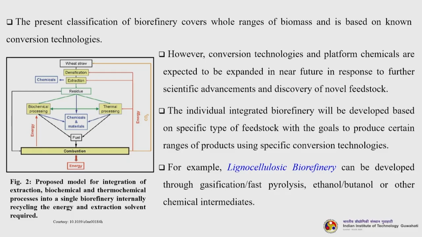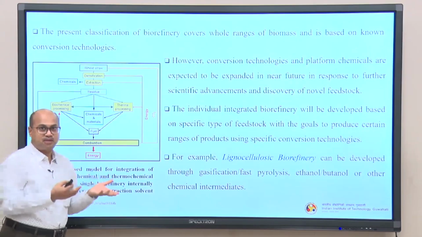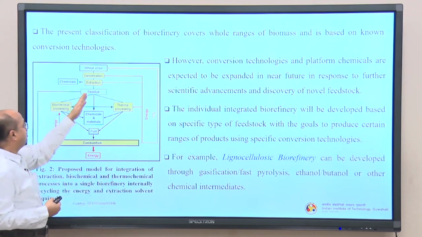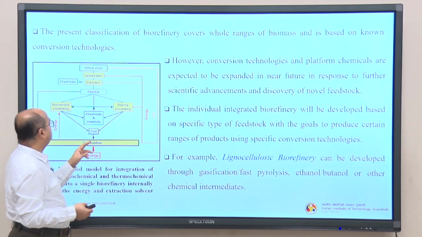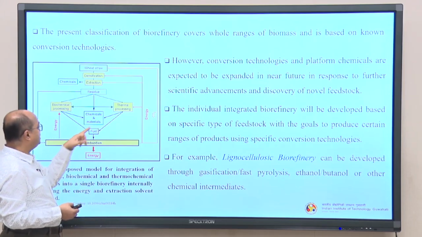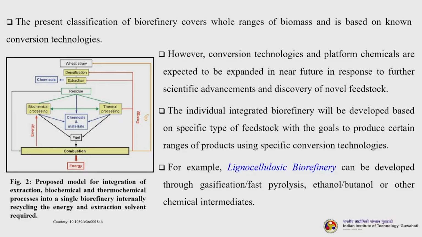So, let us try to understand this. Wheat straw is going through densification and extraction. When you extract, you find some useful chemicals. Whatever residue is left is processed in an integrated biorefinery way. It can be converted to chemicals and materials, then biochemical processing and thermochemical processing, both will give us fuel.